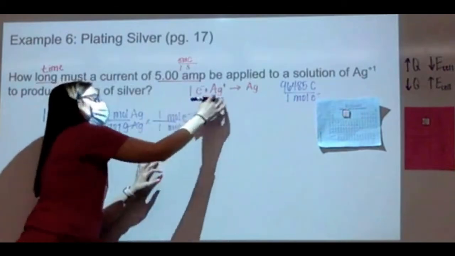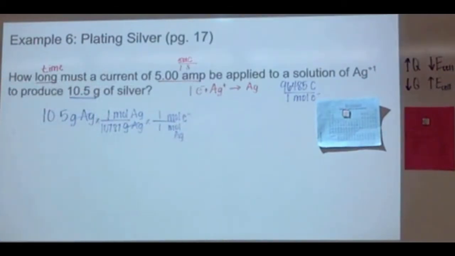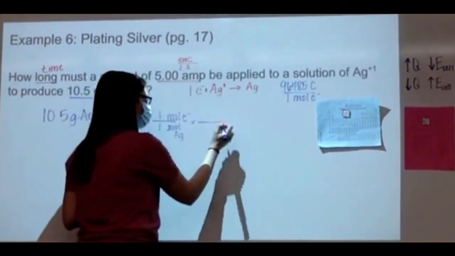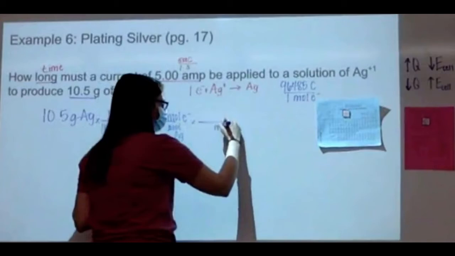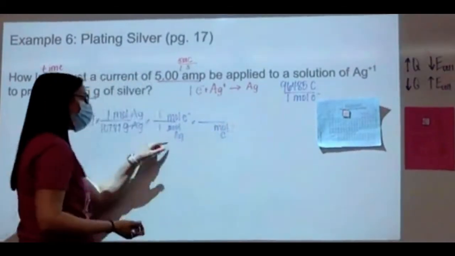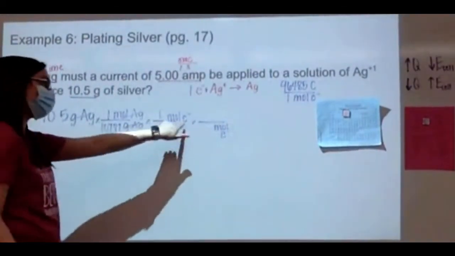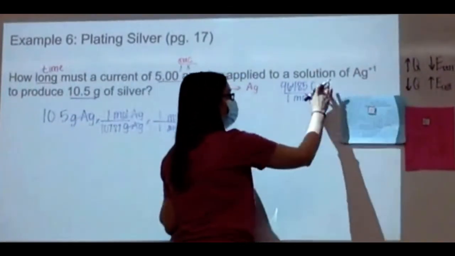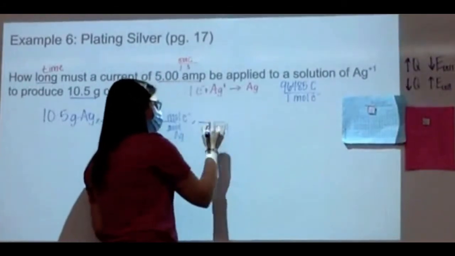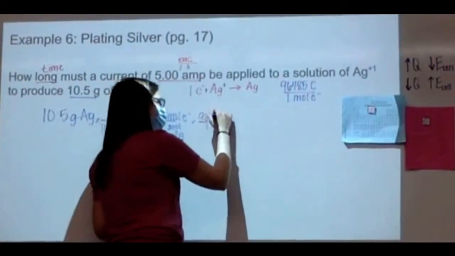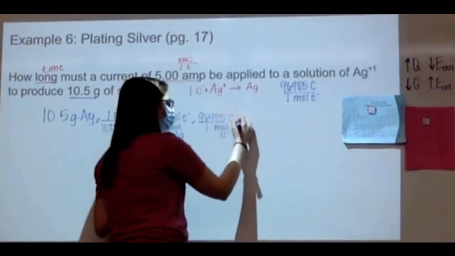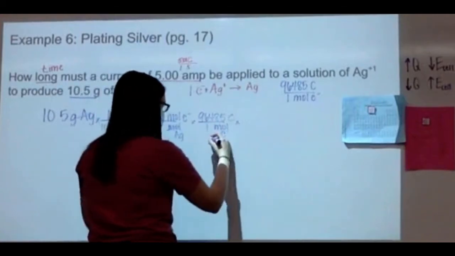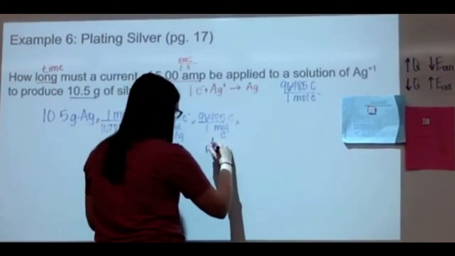This is a mole ratio from the balanced half reaction. So now moles of silver cancels. Now that I'm at moles of electrons, you can see why labeling is useful, because you went from silver to electrons here. Now I can go to charge. For every 1 mole of electrons, 96,485 coulombs. This is Faraday's constant. This is a constant. This never changes.